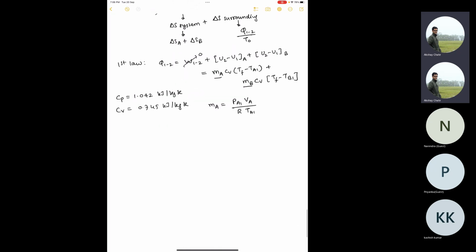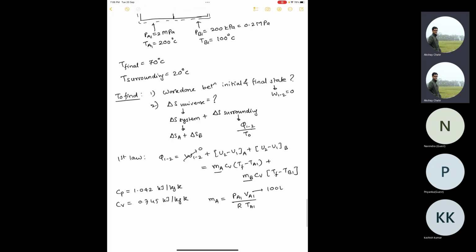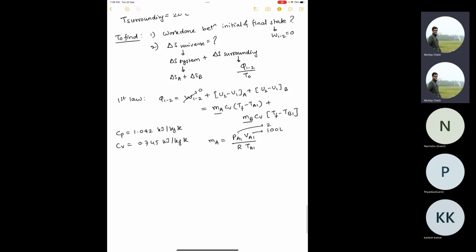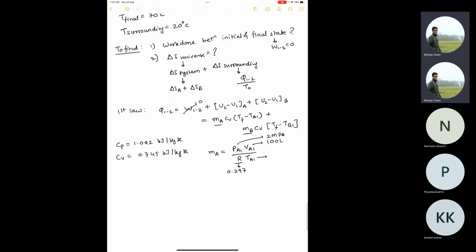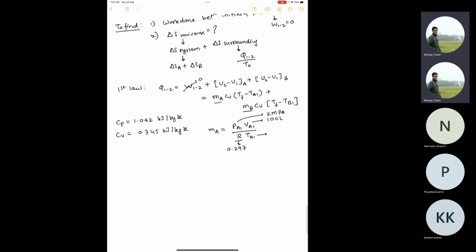So these values were known. This was 100 liters. This was, I think, 2 megapascal. R for nitrogen, you should be calculating this. It's not the universal gas constant. If you do that, 0.297 will come in standard units. And TA1 was given as 200 degrees Celsius. Keep it in Kelvin because this is an ideal gas equation, so it will be 473 Kelvin.